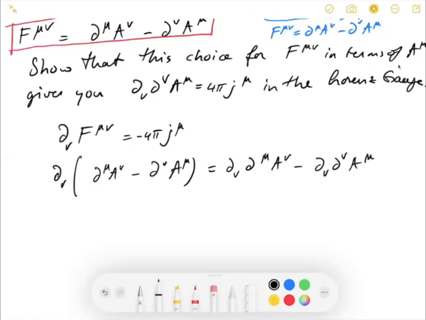In the first term, you can swap the partials because you're allowed to do that. I'm being very verbose here. The second one is already the D'Alembertian, so I'm going to leave that alone. The first one is 0 because that is the Lorentz gauge.